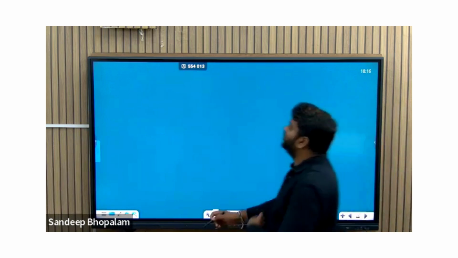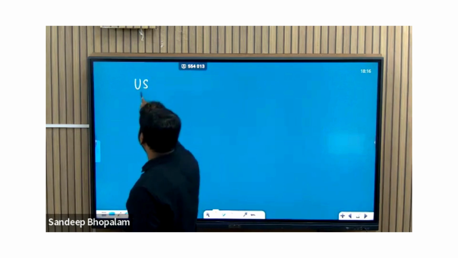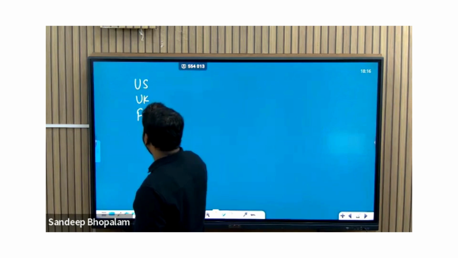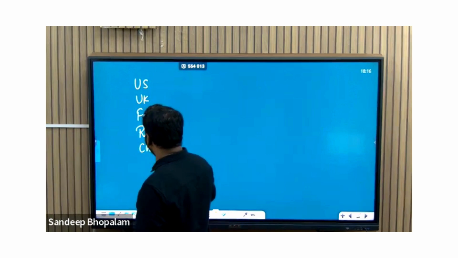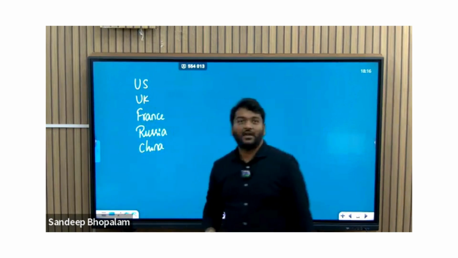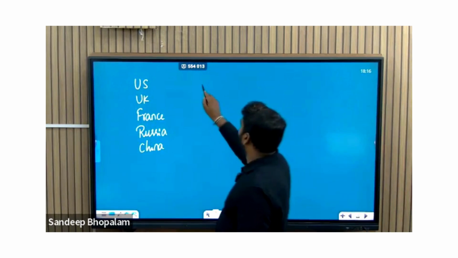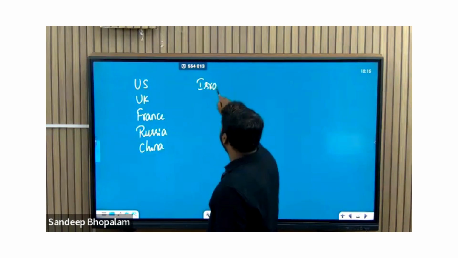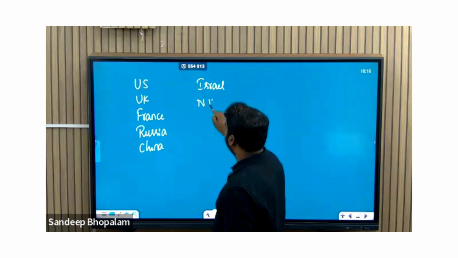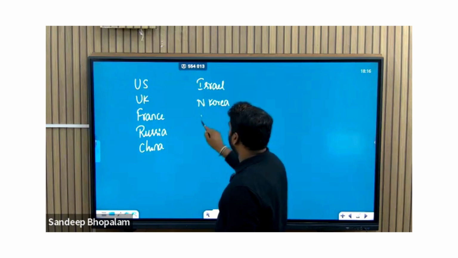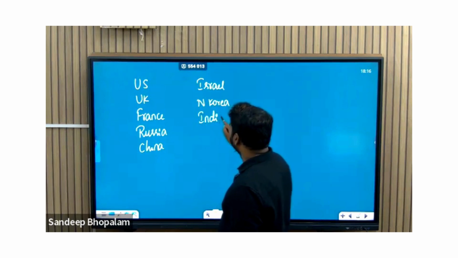Now, which are the countries which have it? US, UK, France, Russia, China. You see, all P5 countries have it. Along with them, Israel has, North Korea has, India has.